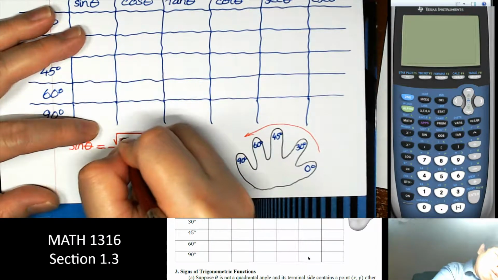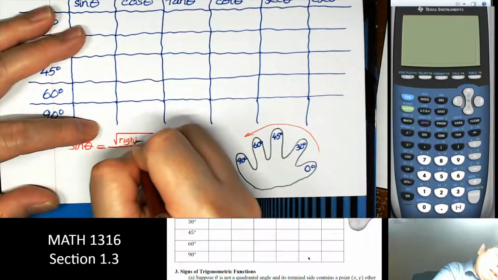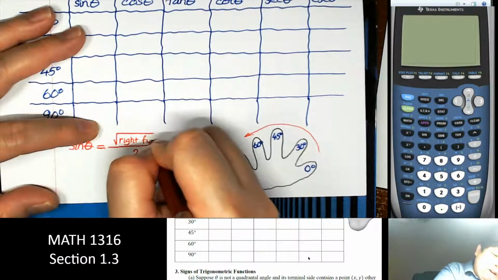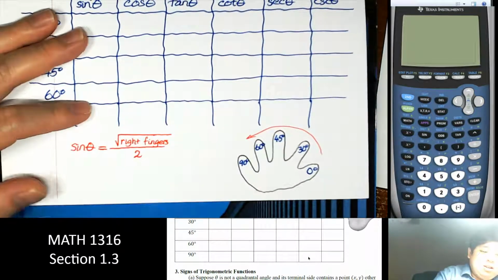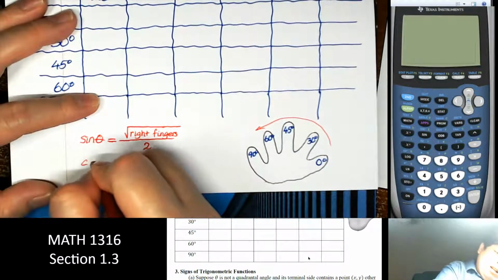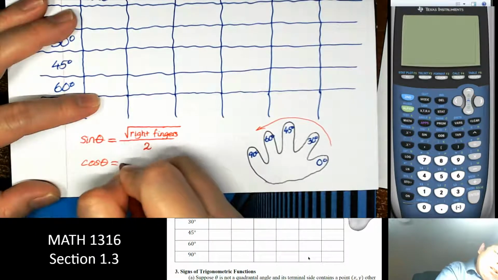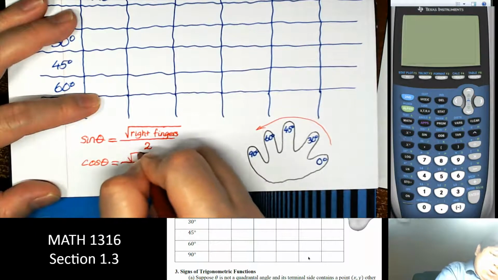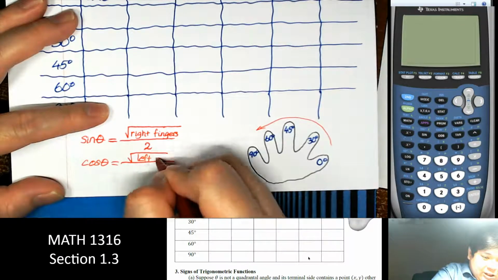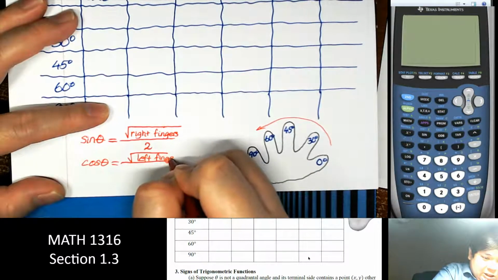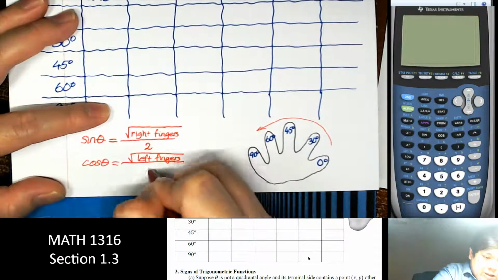And then cosine is the square root of the number of left fingers divided by 2.